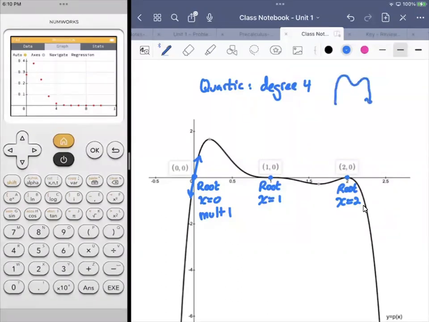It's going to look something like that, or like that. But with this little wiggle in here, it kind of messes everything up.